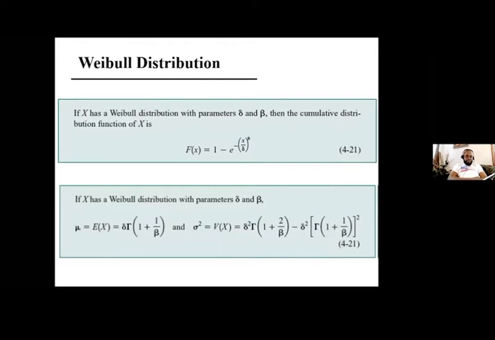Take a look at this. Mean is a function of two parameters, delta and beta. Variance is also a function of the two parameters. So the moment you have the two parameters, you will be able to obtain the mean and variance of Weibull.